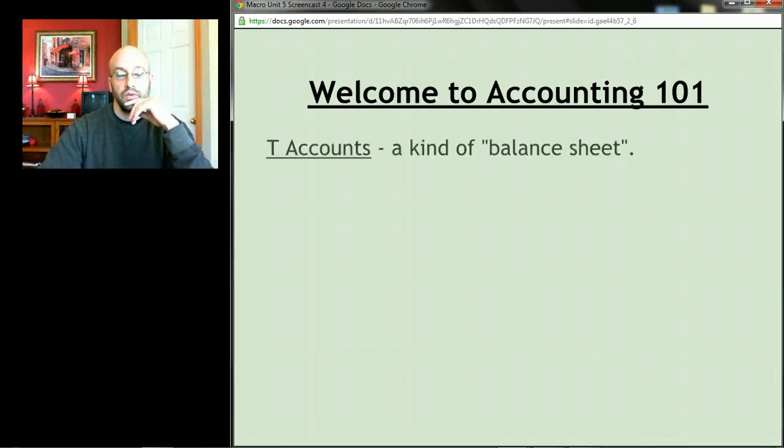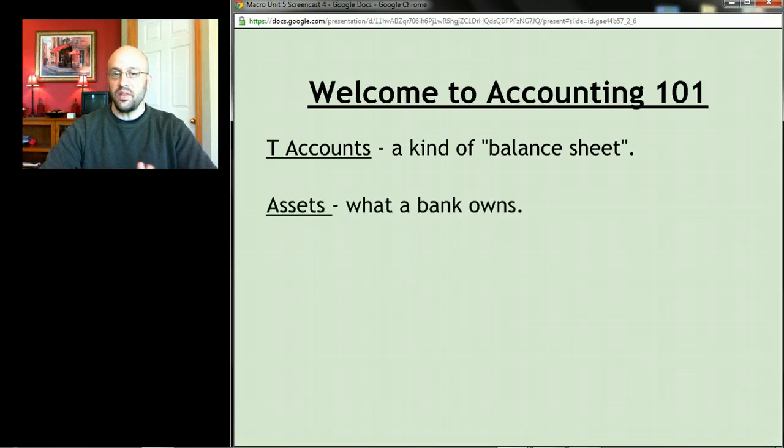So I'm going to introduce to you something called a balance sheet, and specifically a T account. This is an accounting procedure by which banks keep track of what they have and what they owe to other people, and it's commonly used by other institutions as well. We're going to divide the T account into two sides. On one side, we're going to label it assets, and I want you to think of that as things that the bank owns.